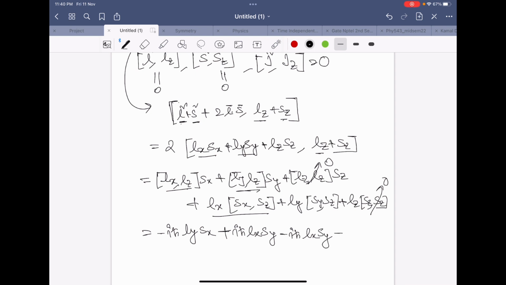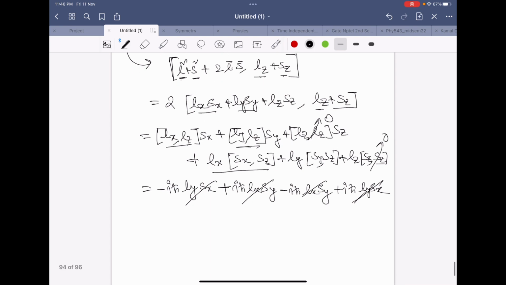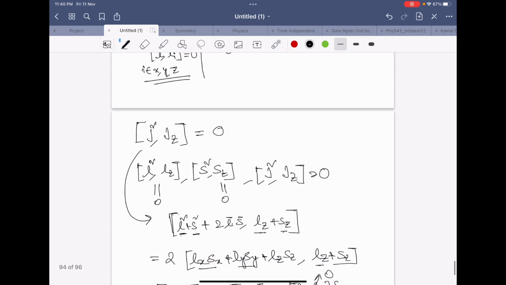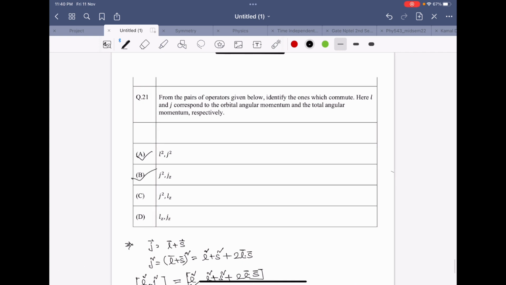And Sy Sz is plus i h bar Sx, so plus i h bar Ly Sx. So the minus i h bar Ly Sx and the plus i h bar Ly Sx cancel out, and the Lx Sy terms cancel out too, so this is 0. So we have proved that J square also commutes with Jz, so this option is also correct.